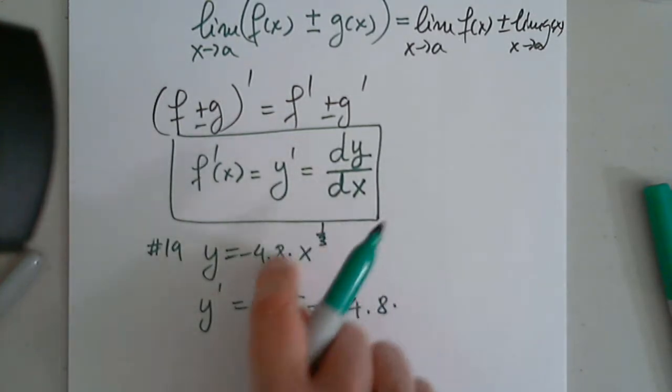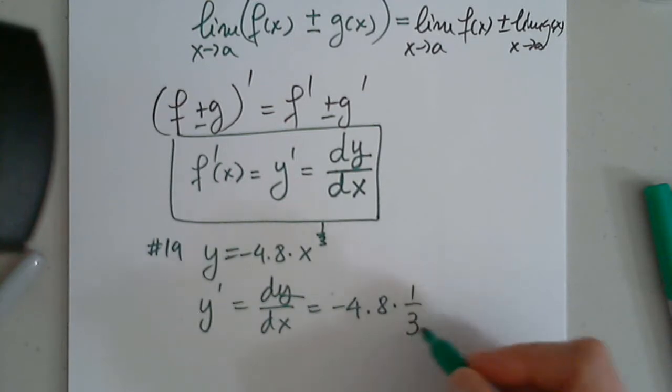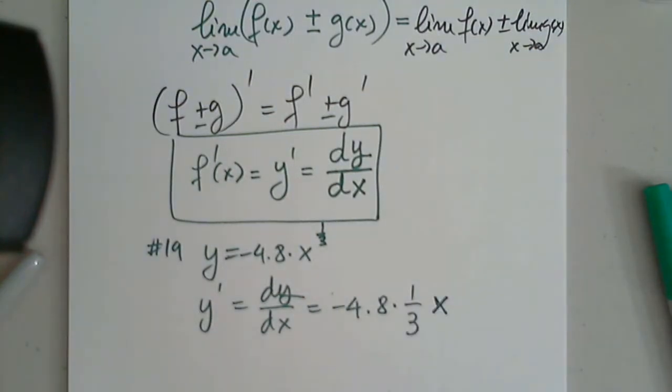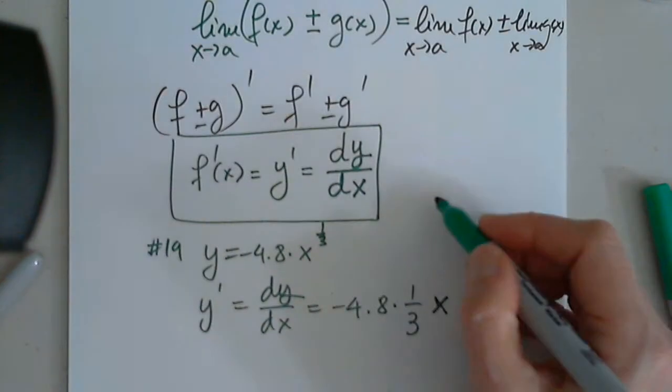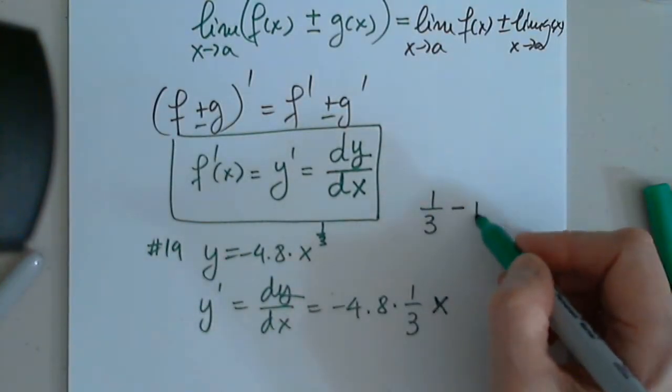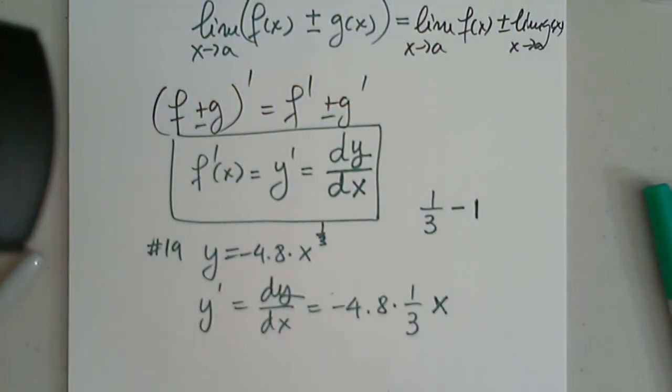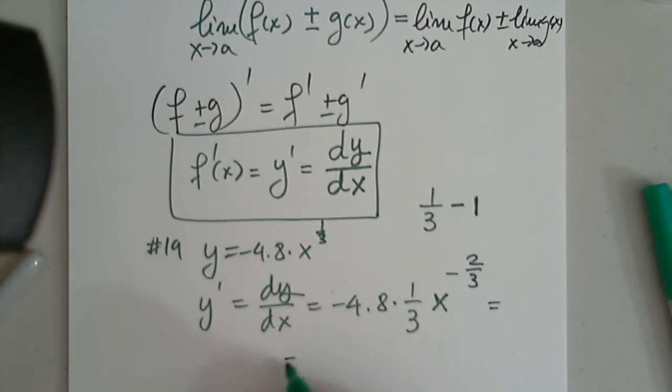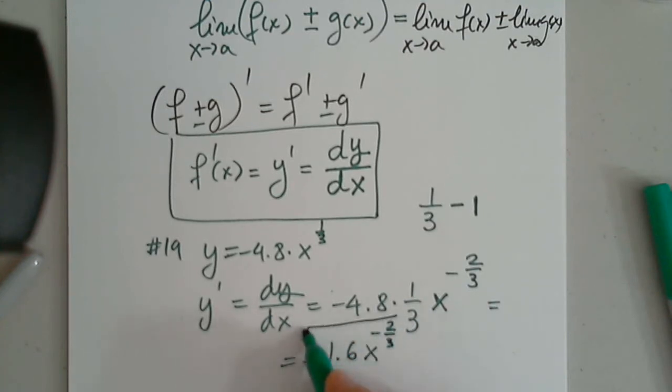We have to bring 1/3 down, x, and now from 1/3 we have to subtract 1. What is the power? 1/3 minus 1. Negative 2/3. Great job, negative 2/3. So I will simplify because 4.8 divided by 3 is 1.6, so this is negative 1.6 times x to the negative 2/3, and this is it.